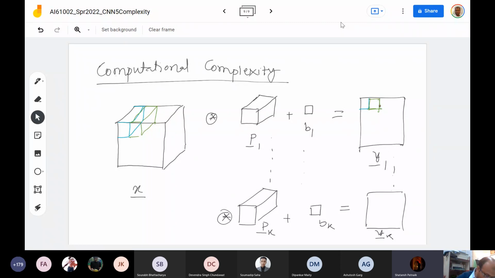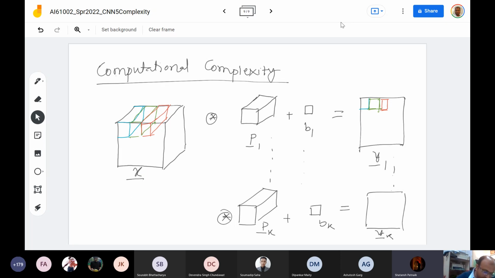Then it will go to the next location again and produce my next output, and so on and so forth. Now, for every convolution operation, I need to find out what is my total number of additions and what is my total number of multiplications which will happen.